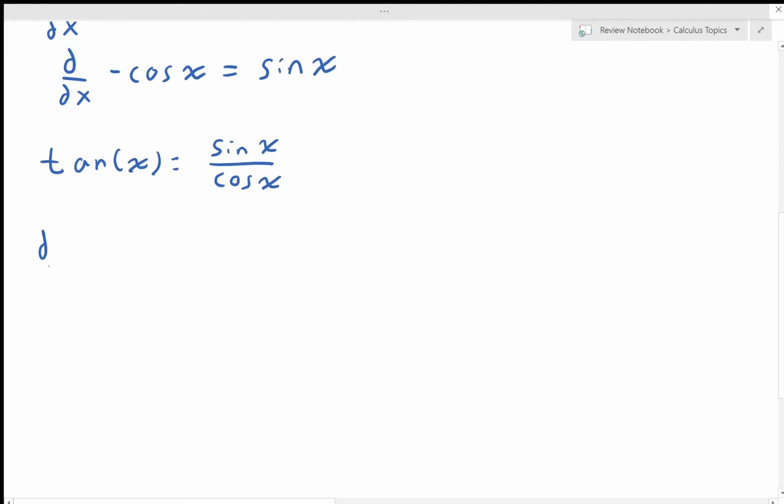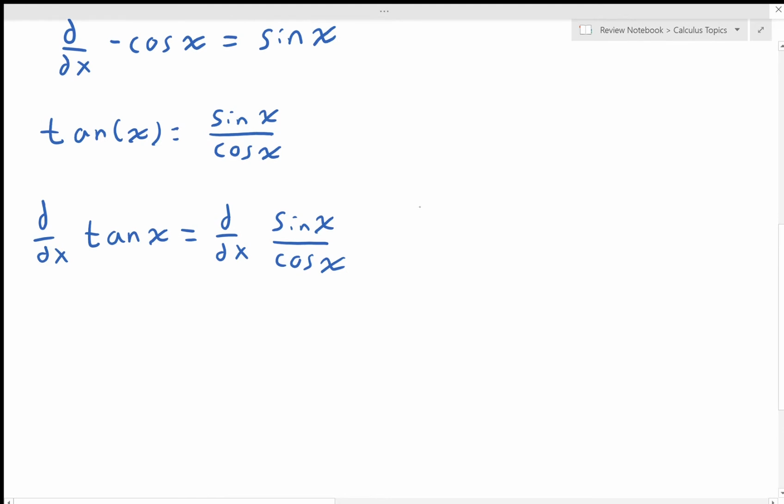So I'm going to take the derivative of tangent of x. I could have that memorized off the top of my head, but if not, I'm going to have to take the derivative of sine of x over cosine of x. So our quotient rule, just a reminder: our numerator is u, our denominator is v, and the derivative is u prime v minus u v prime over v squared.